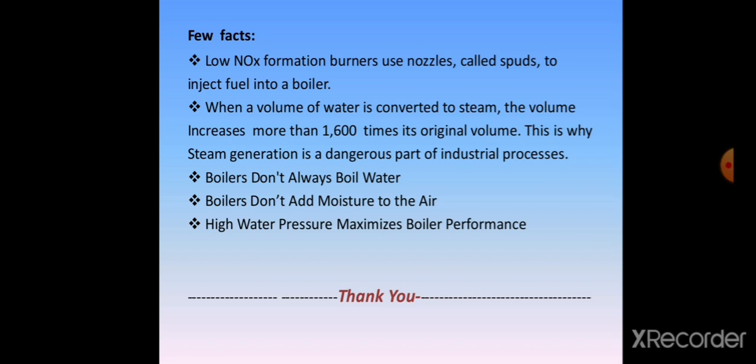So, for minimizing the formation of oxides of nitrogen, that is called NOx, burners use nozzles, and these nozzles are called spouts. Second, whenever water is converted into steam, there is a very big change in its volume, that is 1600 times its original volume.